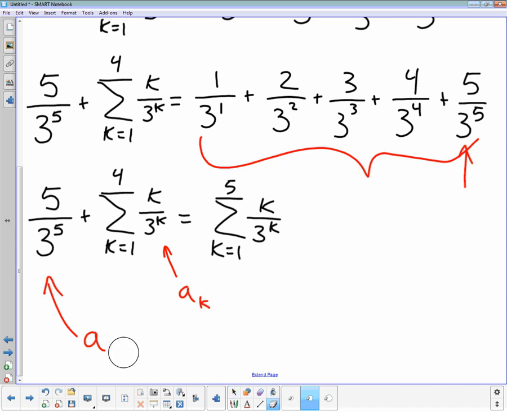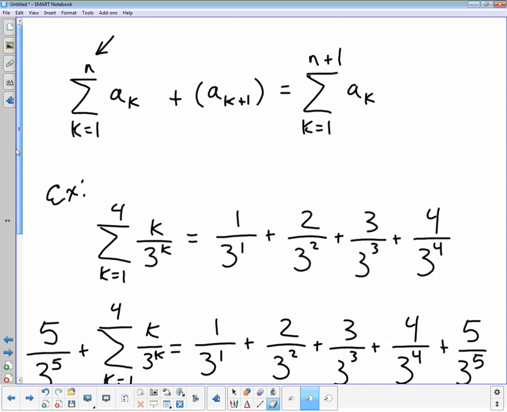It's n plus 1. Let's fix my notes. Okay, so this is a nice tool for you to use to change the bounds should you need to. Okay? Happy? Wonderful. All right, next problem type.